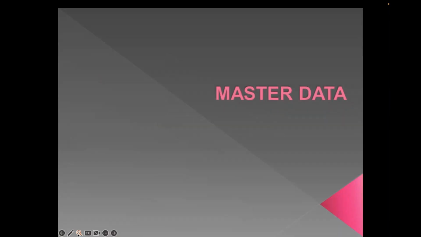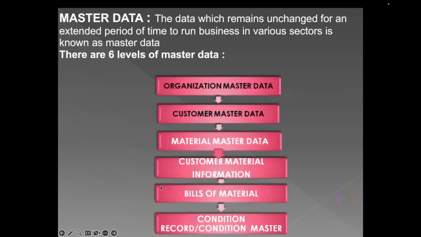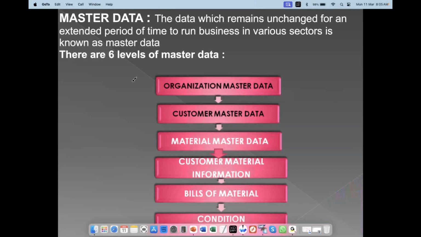So we started with understanding of master data. That is the first part of the customizing in any project, and the first part of the training program also. And in this first, we started with organization master data. It is all about enterprise structure. We're done with that. Moving forward, till now we were working on customer master data. Just now we are done with that. Now, today you need to understand the concept of material master data.